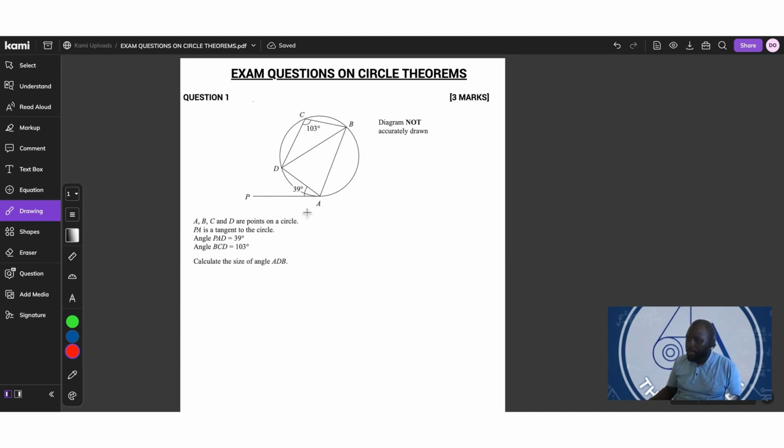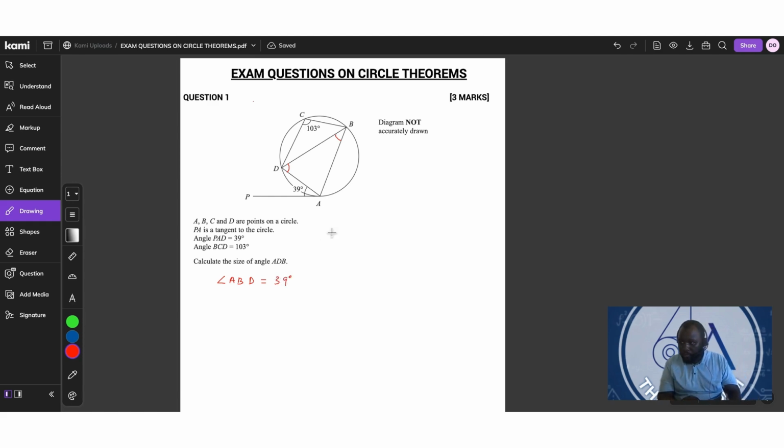So we want angle ADB, that is that angle there. Now, to get that angle, there is an angle we already know. That is that angle ABD. Now, angle ABD is going to be equal to 39 degrees.